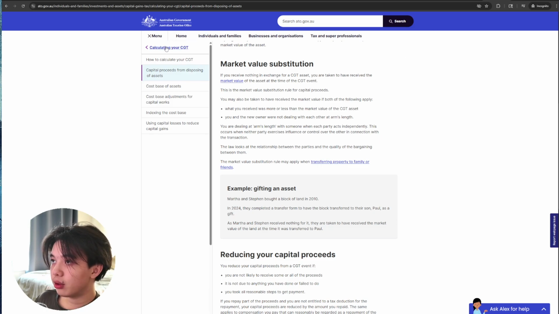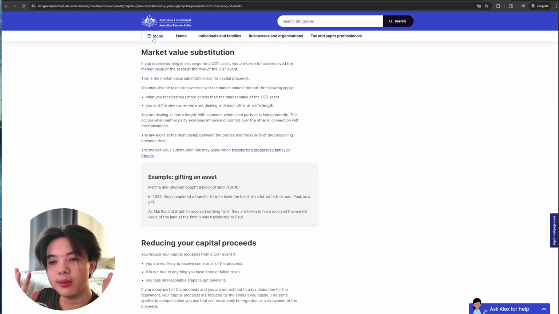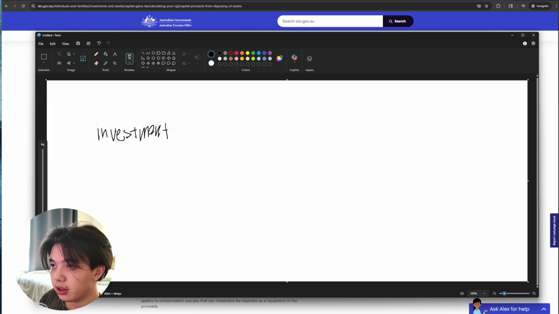For example, you bought an investment property for $500,000, and the stamp duty and legal fees when purchasing are $12,000, and then the renovation improvements capitalized are $30,000. I'll just show you this demonstration.